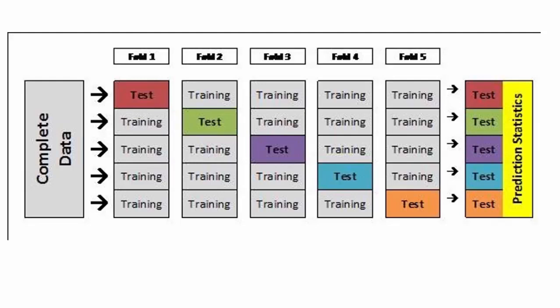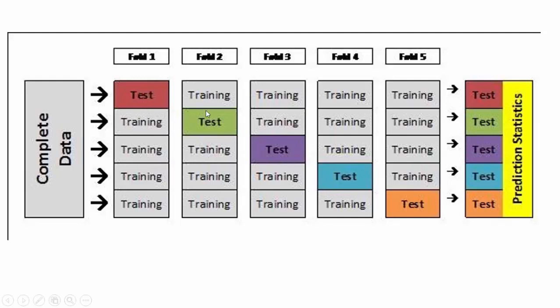So the next concept which we will learn is k-fold cross validation. Here the complete data is divided into k equal parts, and then each part is taken as a test set and the remaining parts are taken as the training set. The same data is run in the model k times, and each time the test data will be different.